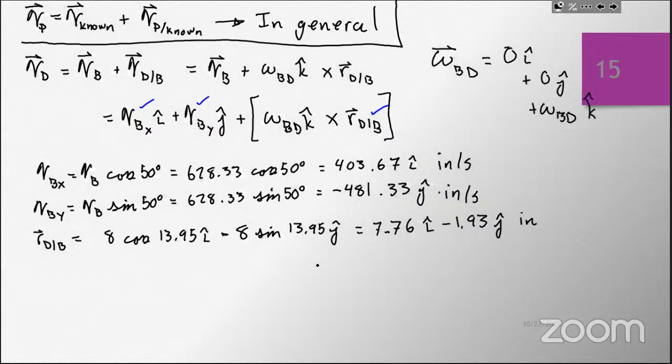This is only rotating about the z axis, about the k. So I've got expressions for everything now. We can do our cross product.